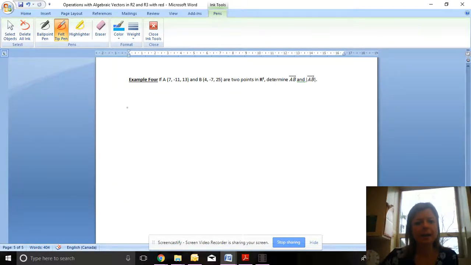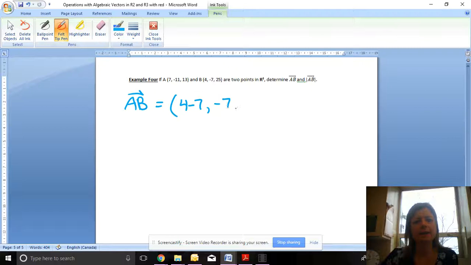So determine AB. AB is just the vector from A to B, so we take our B minus our A. So 4 minus 7, comma, negative 7 minus negative 11, so plus 11, and then 25 minus 13. That gives us negative 3, 4, 12.